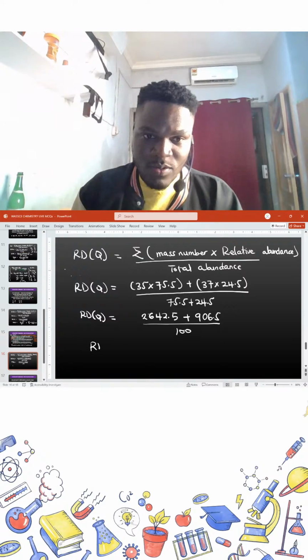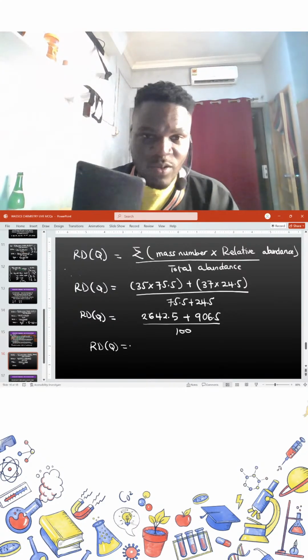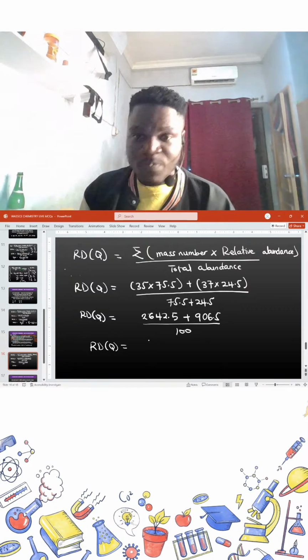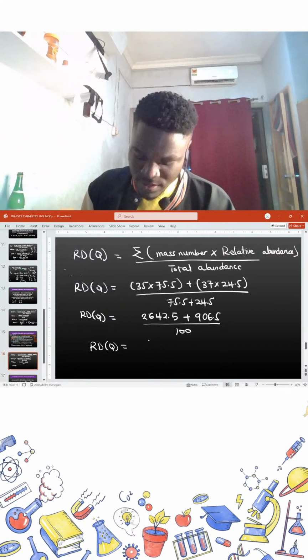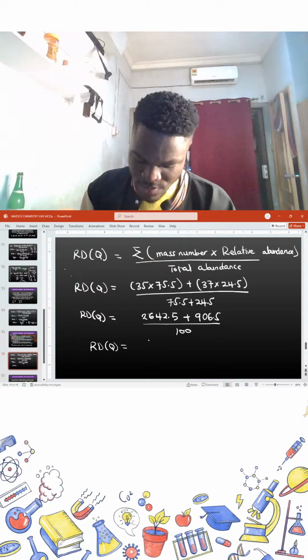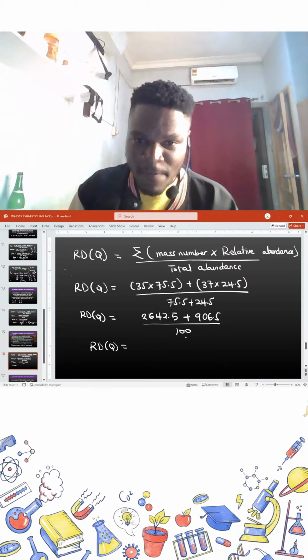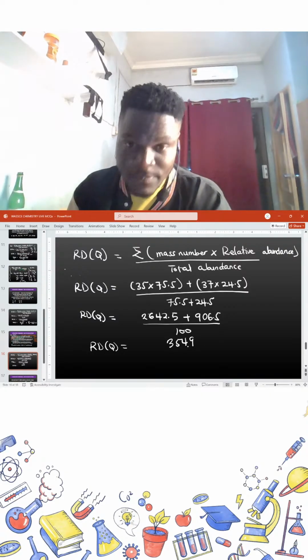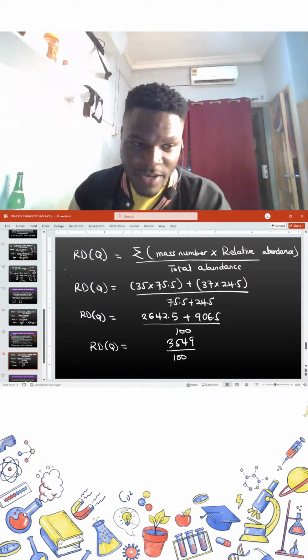So the relative atomic mass for Q will be equal to 2,642.5 plus 906.5, which will give me 3,549. Okay, and then that will be divided by 100.